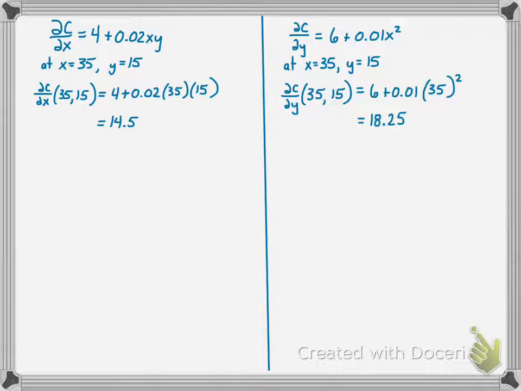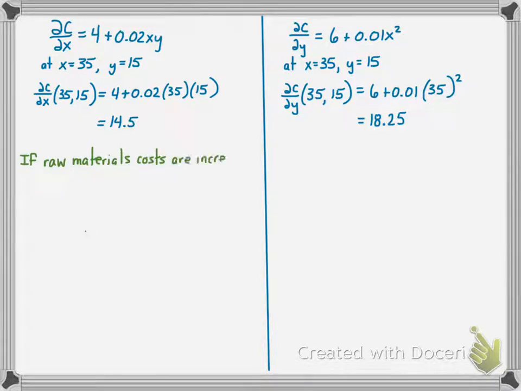There's a lot of words like cost and dollars going on here. Okay. When we increase our raw material cost by $1, we will increase the cost to produce a unit of our product by $14.50. So here's our summary.